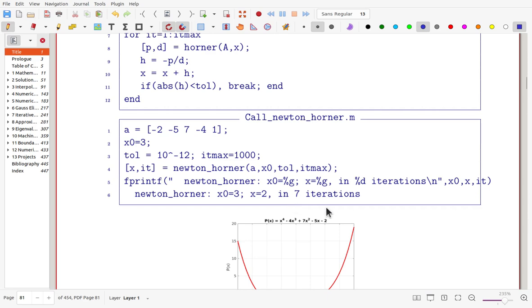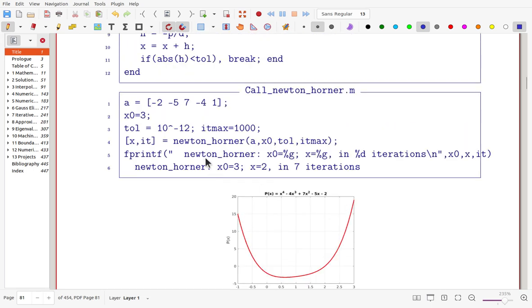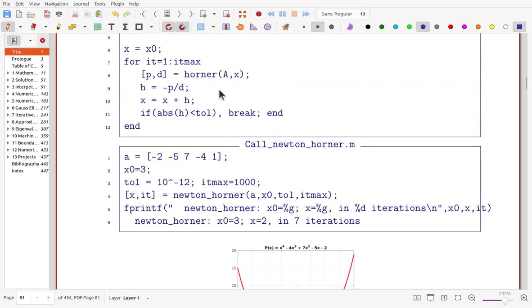In this picture, one root is 2, and another one is at about -0.27. Starting from 3, we got that root in 7 iterations. Of course, we are using Horner's algorithm to evaluate the polynomial value and its derivative value, so it's quite efficient.